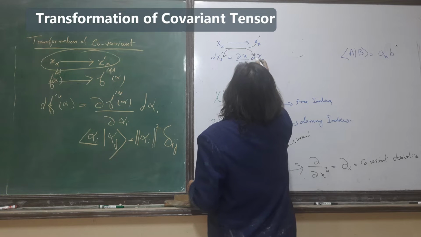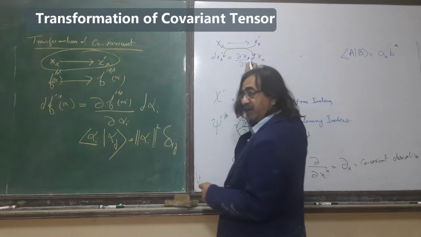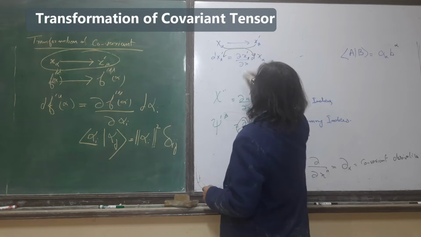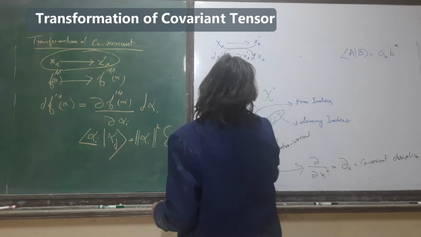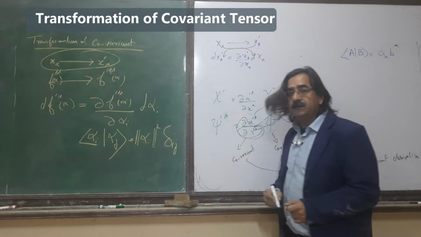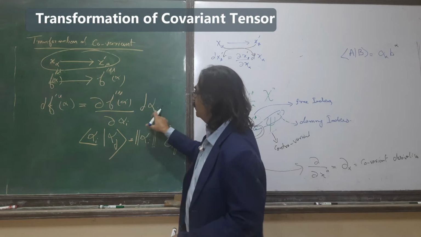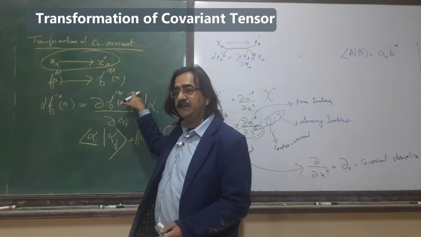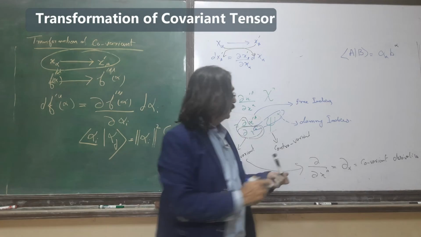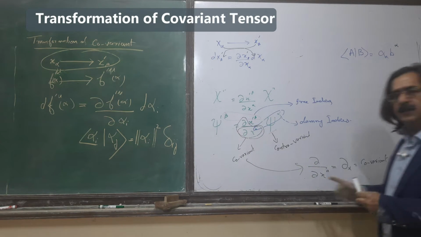And if beta is a subscript, so this will be a subscript. This is a bar. This is alpha. I think now it's very clear, very simple.